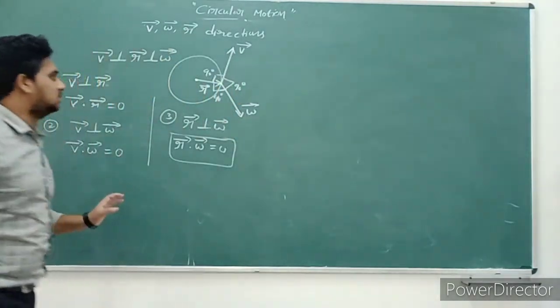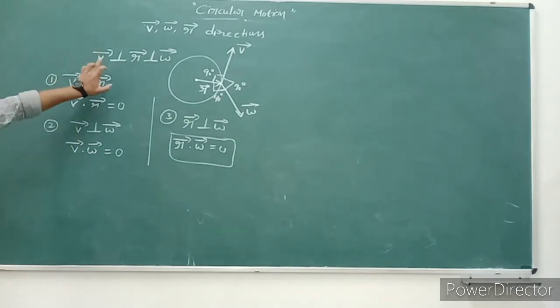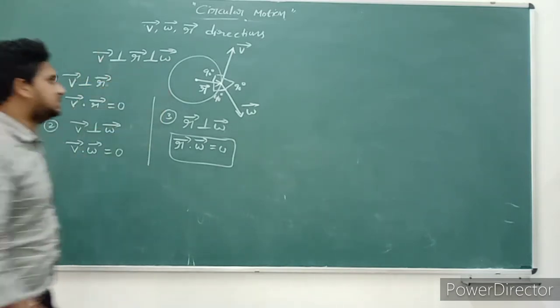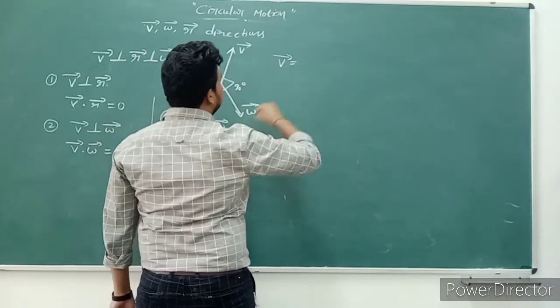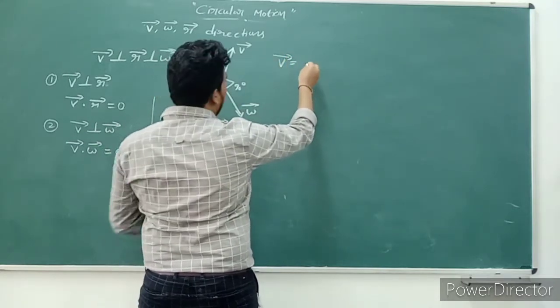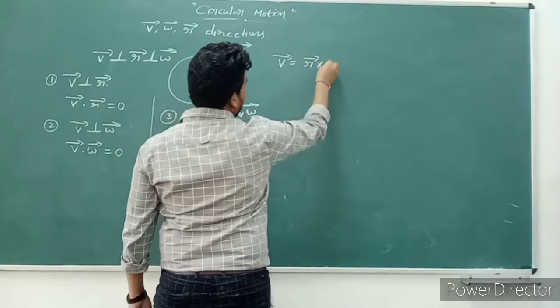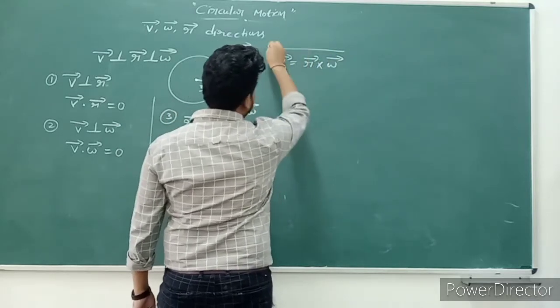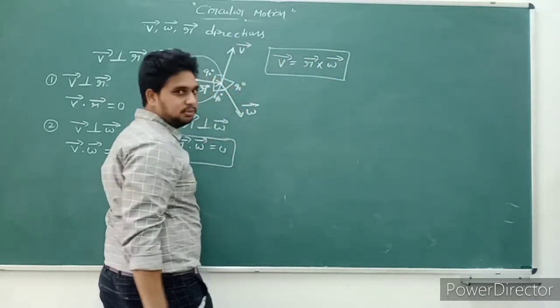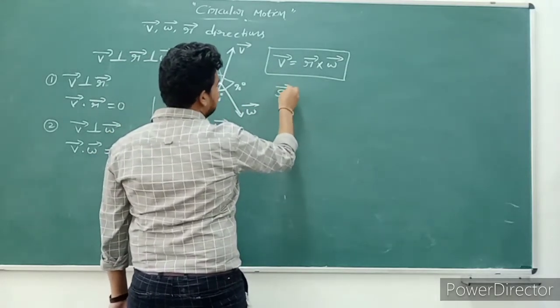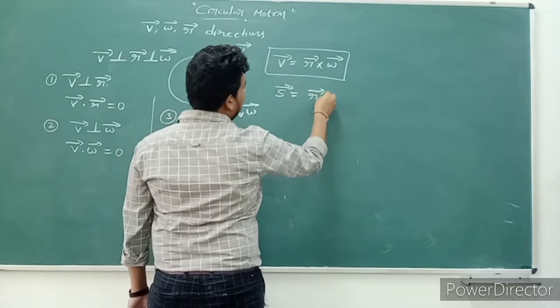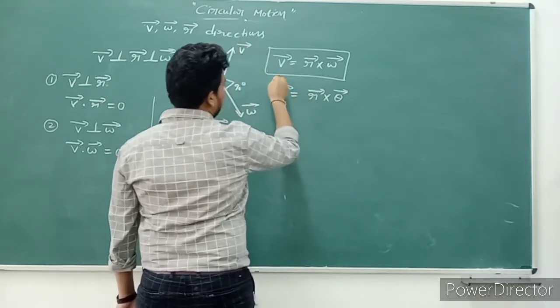So what is the relation between V, R and omega? V bar is equal to R bar cross omega bar. And the linear displacement S bar is equal to R bar cross theta bar.